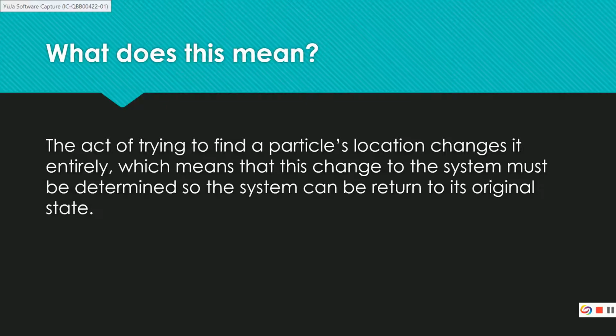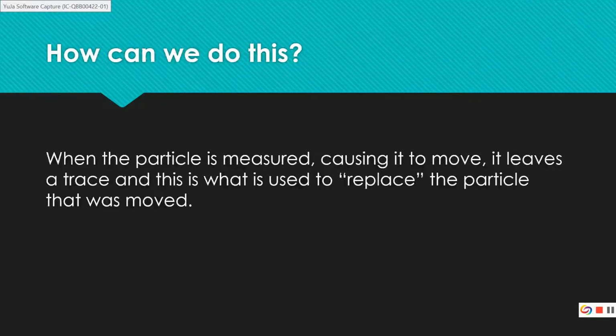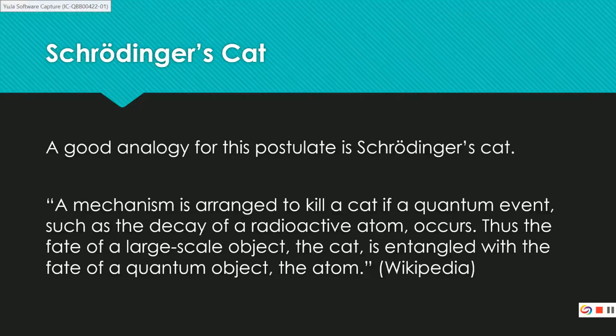And so then you can do more measurements on it without adding this difference to each measurement. And so this act of replacing it allows you to do other measurements so your answers don't continue to get off.